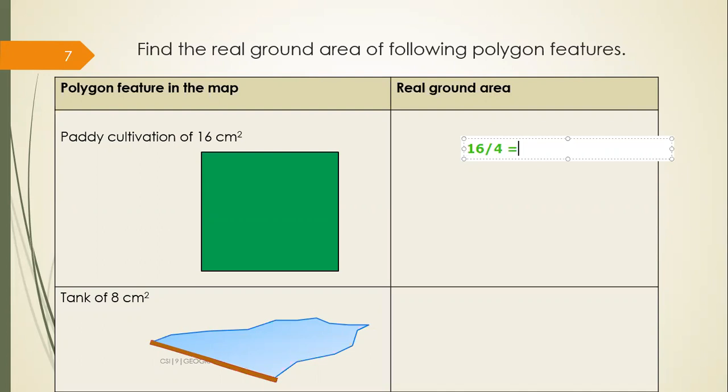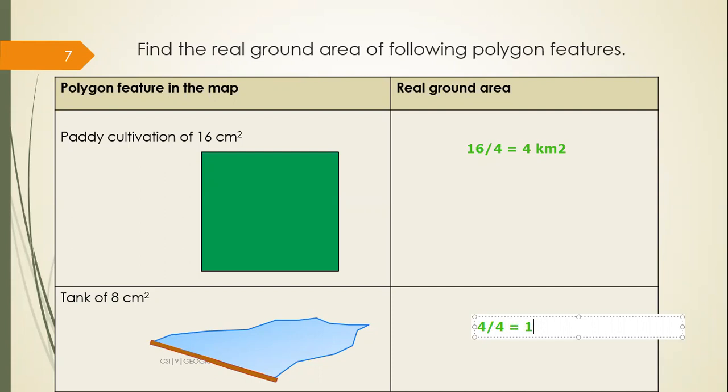Before we did distance calculation, this is area calculation. 4 square kilometers have been shown by 16 square centimeters. Then divide this 8 by 4, you will get the area of the tank. 4 divided by 4 is equal to 1.